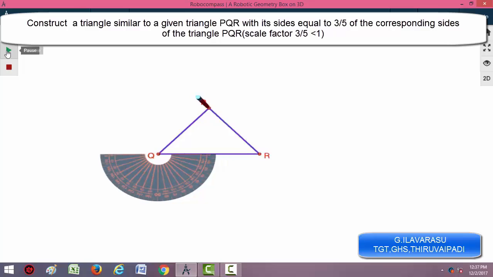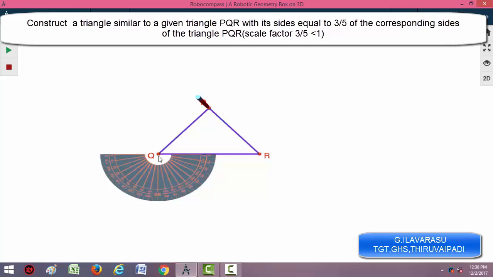Now, to draw the similar triangle to this PQR, we need to construct a ray downwards from Q. For that purpose, we keep the protractor in the inverted position with its center coinciding with Q. You draw any acute angle.